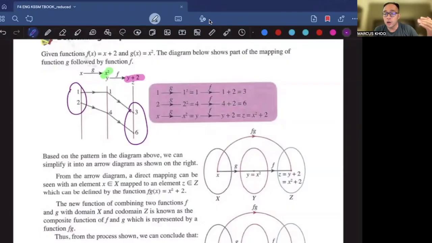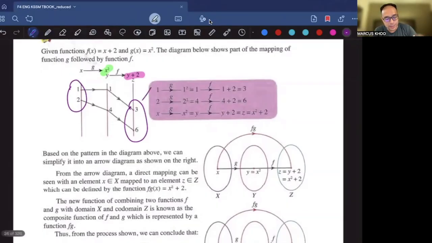The way we do the composite function is, we start from the end. The end is this one, then we work our way backwards. Since our end is 3 and 6 over here, the second function that we do is f. Then the first function that we do is g, and then we put in the object.